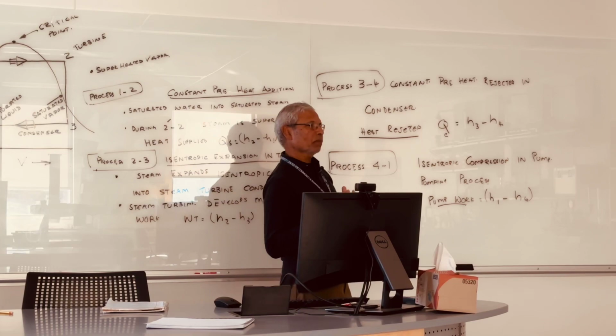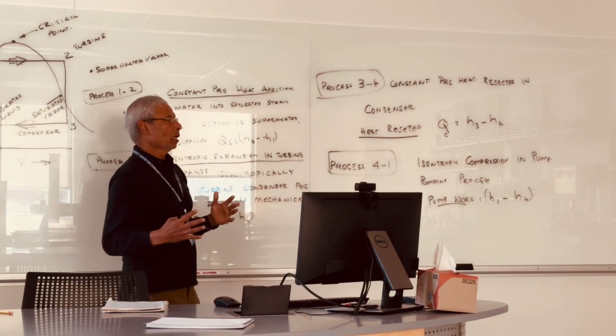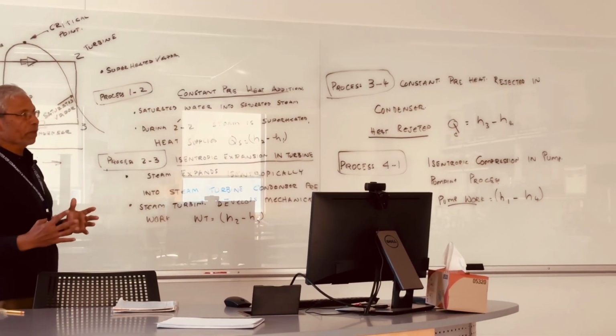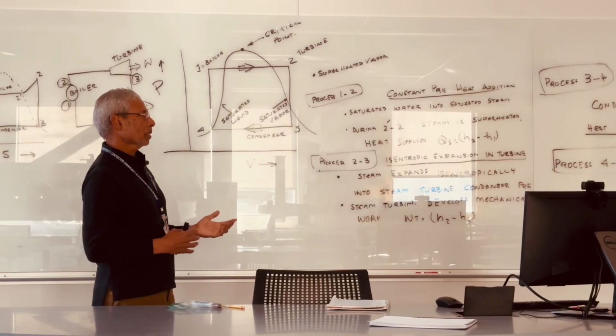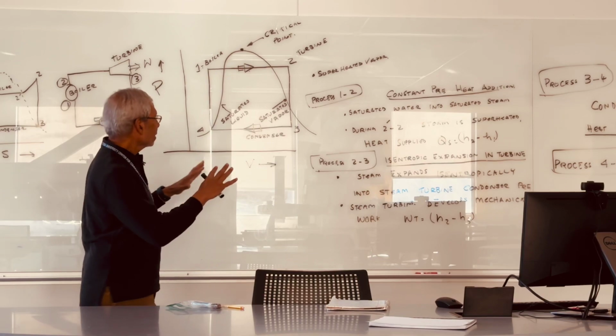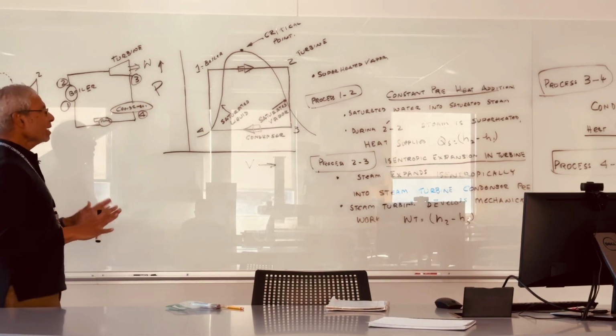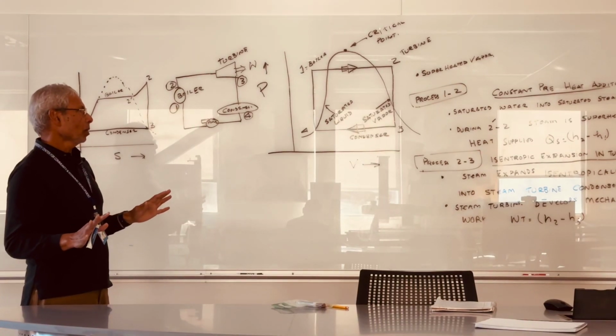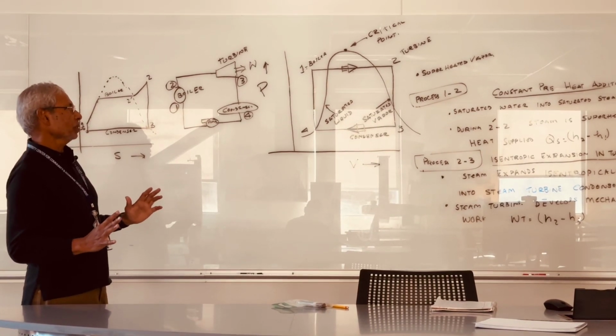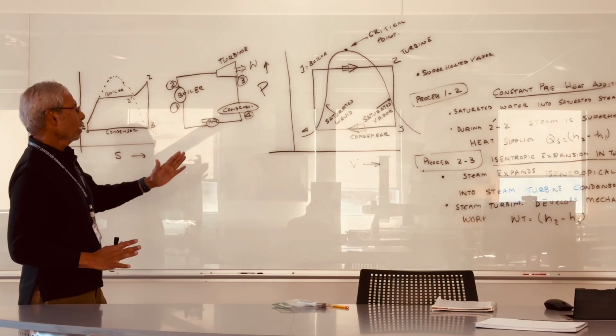So there are 2 constant pressure processes and 2 isentropic processes. One is expansion, the other is compression. That summarizes the mechanism of a Rankine cycle.